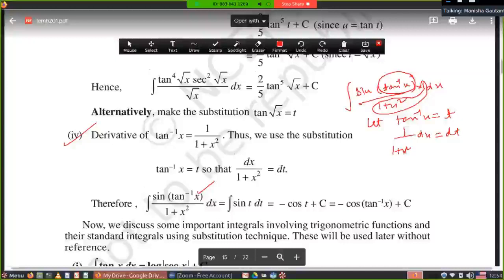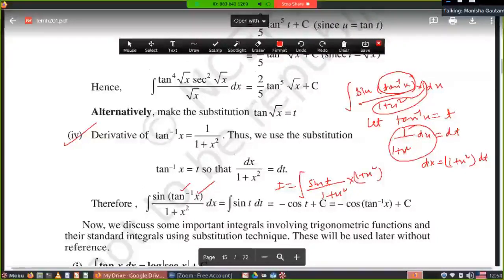Sometimes students just take the value of this and put it in the question. But again, I have told you, just find out the value of dx. This makes the question easy. Now the question becomes integration of sine t, and upon 1 plus x square, the value of dx is 1 plus x square into dt.